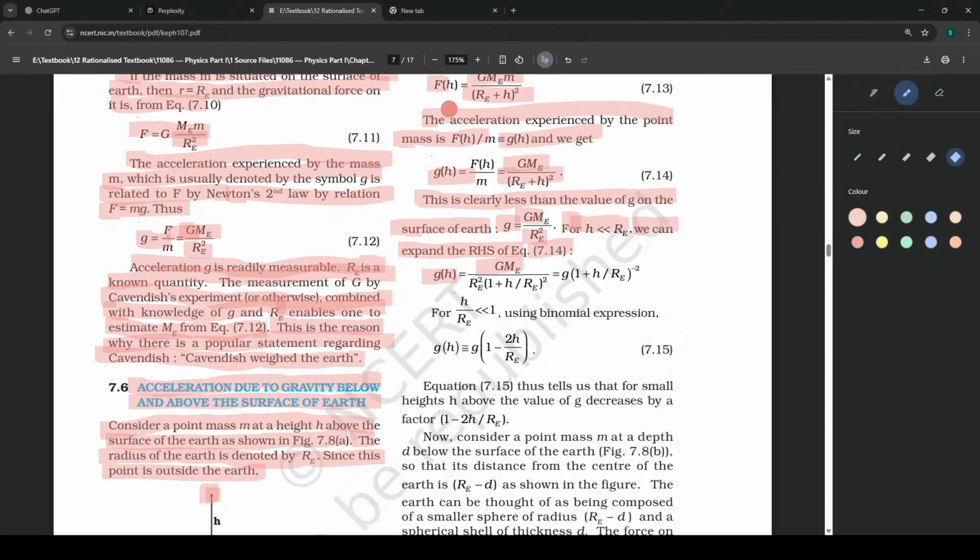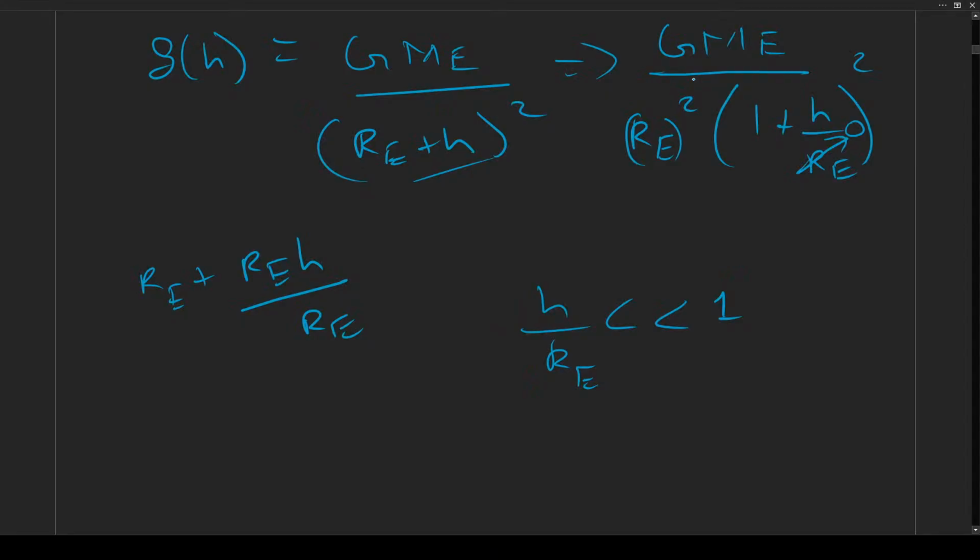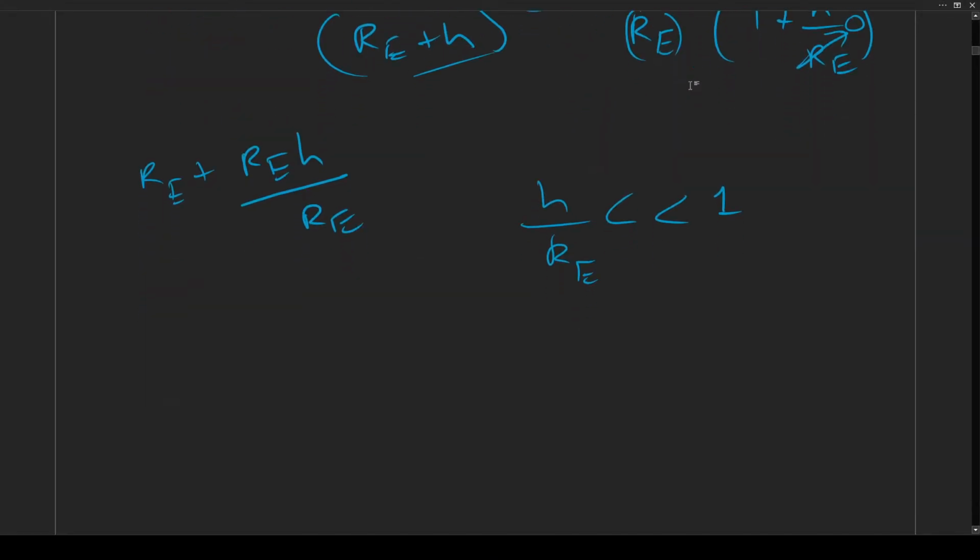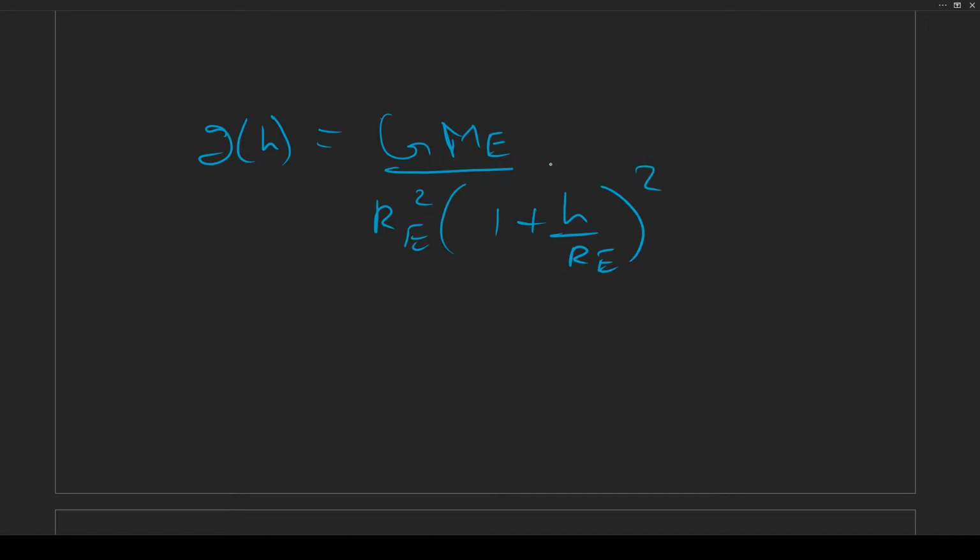Let's write the equation we got again. g of h, which is g at height h, is equal to GM_e by R_e square times (1 + h by R_e) whole square.